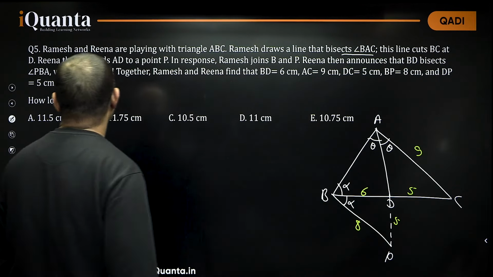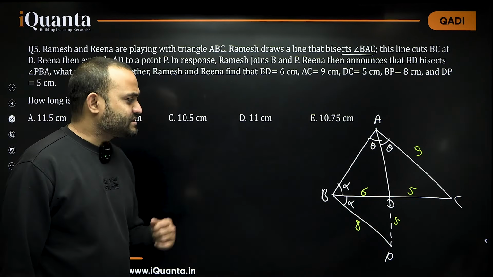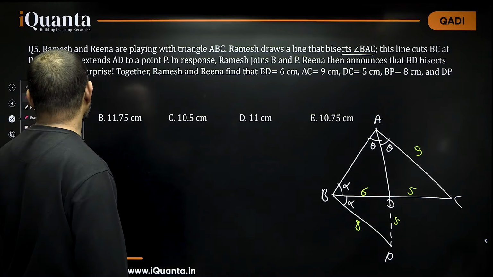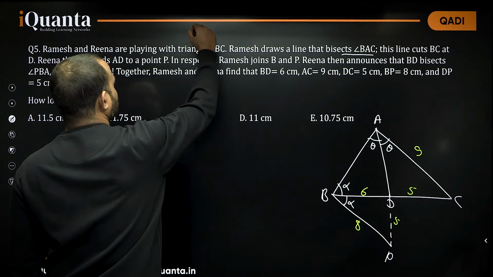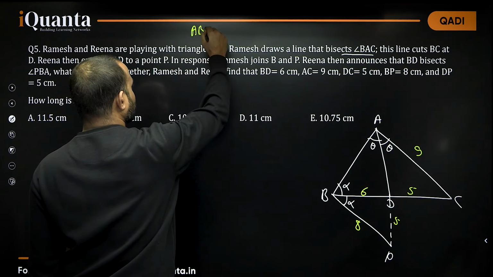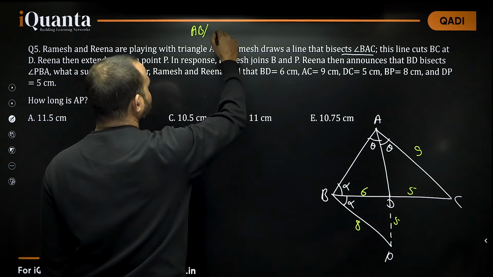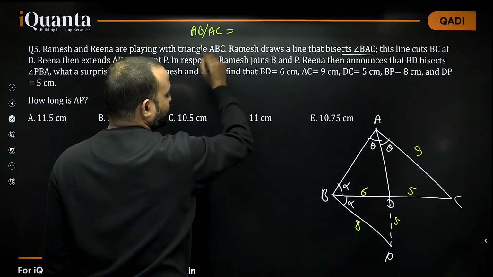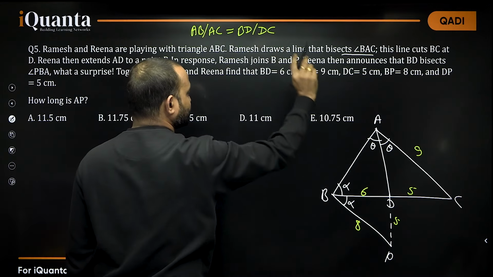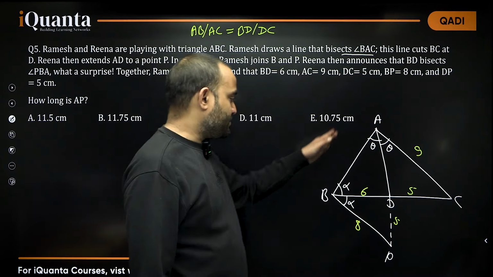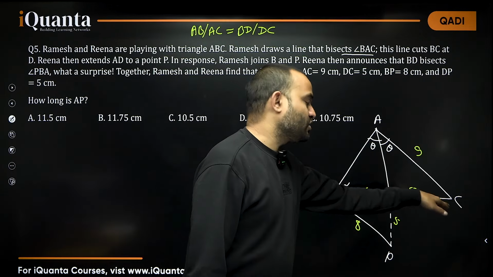How long is AP? So there is this very important angle bisector theorem. If AD is the angle bisector, then you should always remember that AB upon AC will be equal to BD upon DC.